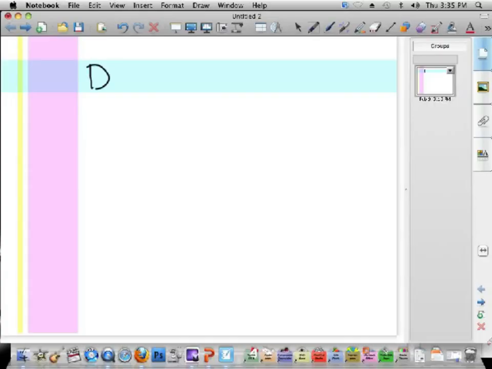Going off of the intersection definition, there's also something called disjoint sets. Basically, two sets are called disjoint if their intersection is the empty set.